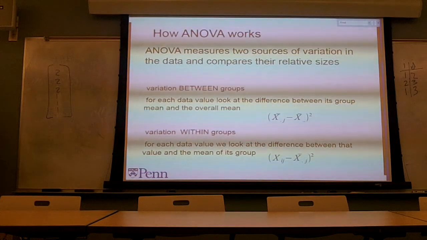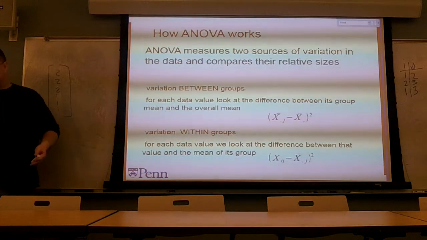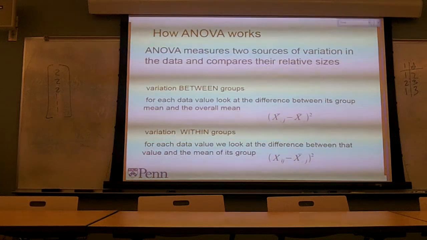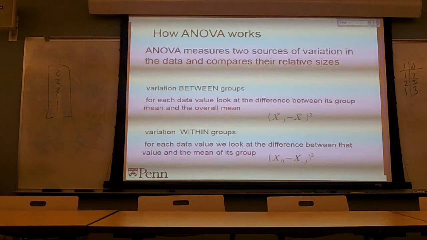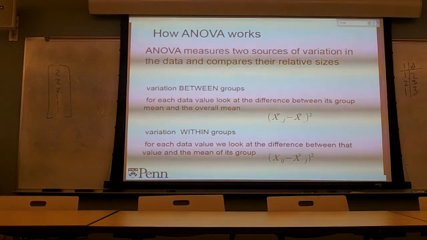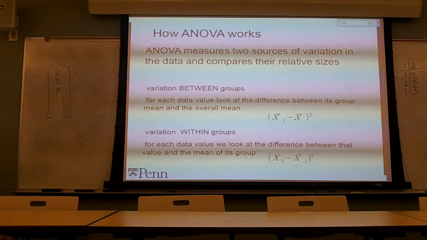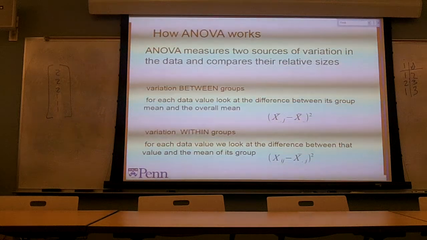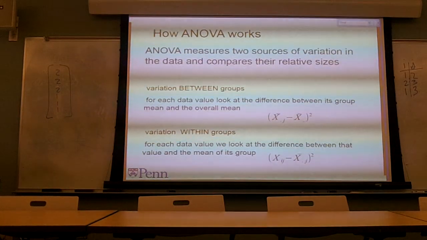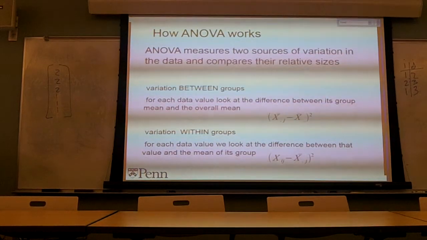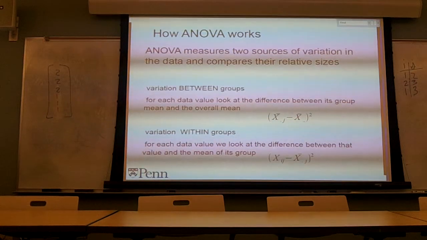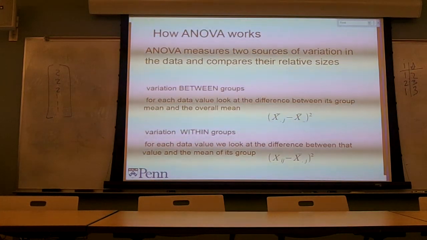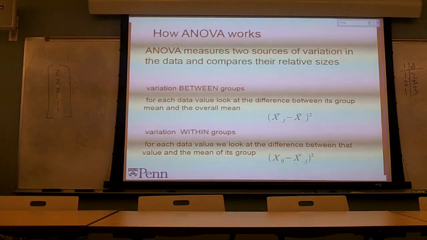What would you say? Is there any variability in the data? Yeah, there's some variability in the data, right? Now, what we're going to do is we're going to try and use statistical techniques to parse out the source of that variability. Why is there variability in the data?